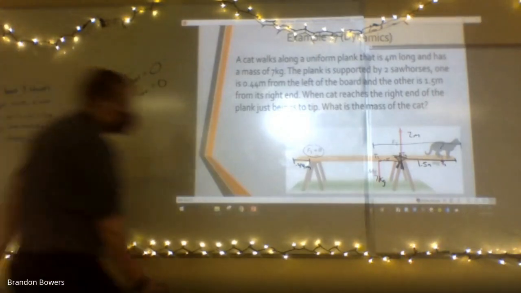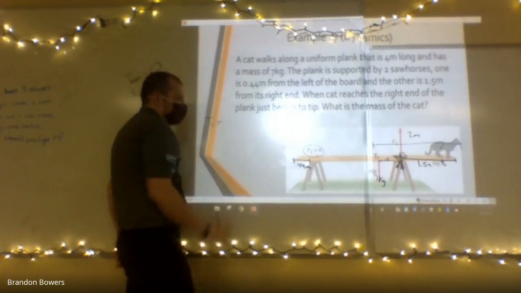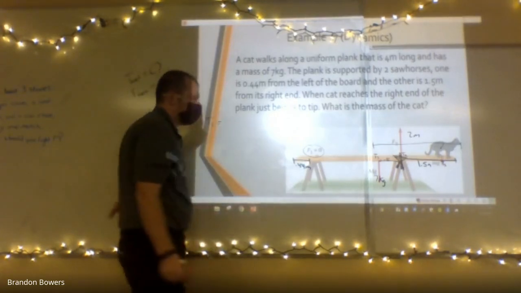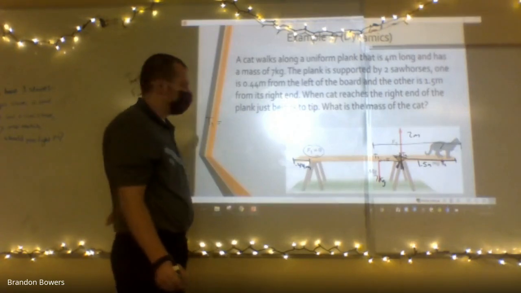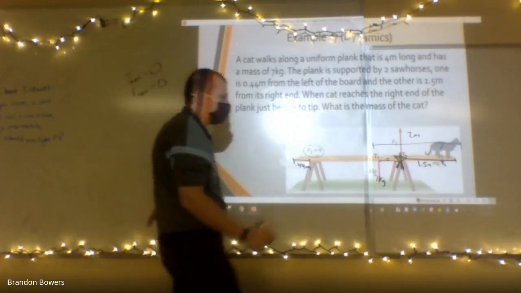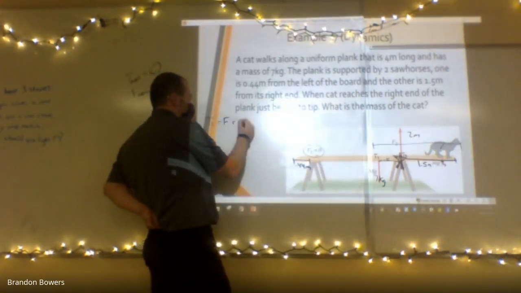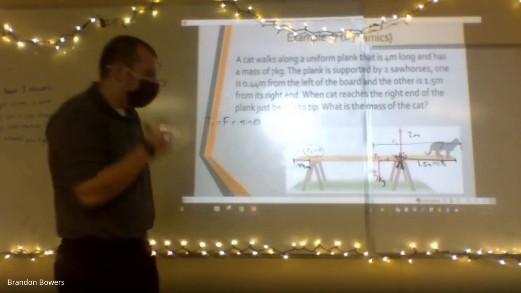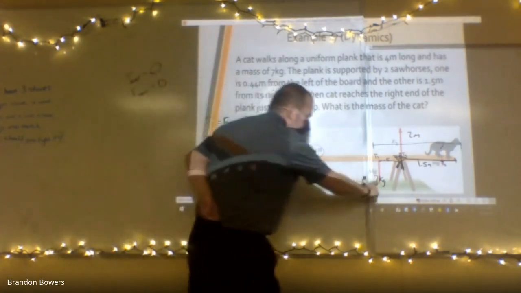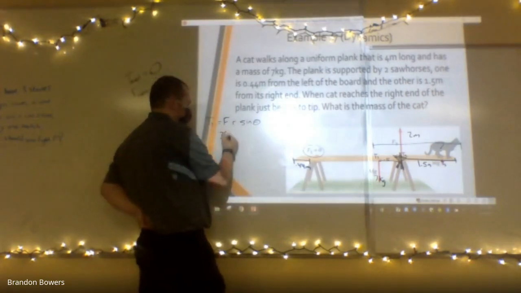All right, so let's do this. Torque 1 is equal to... wait, no, wrong one. I was thinking of torque 1 was by force 1. Never mind. All right, so torque is force, radius, sine of theta. The force is mass times gravity, so 7 times 9.8.